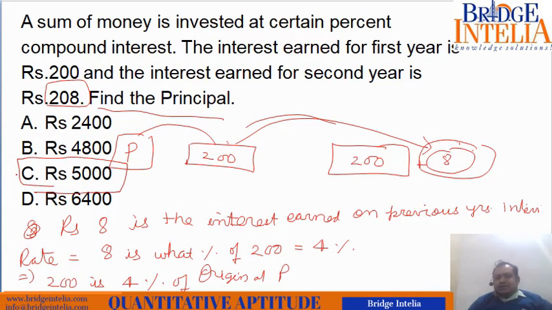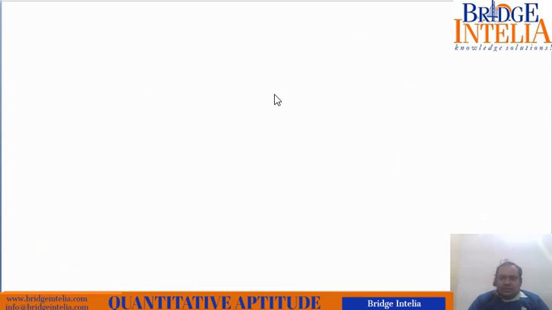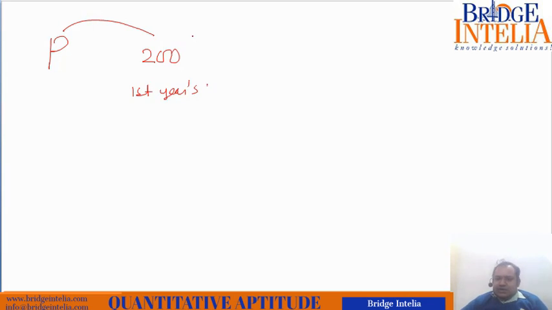Now I will tell you a shortcut. Please understand the shortcut to this. Suppose the original deposit is P. First year's interest is 200. Second year's interest is 208. So you understood that you are earning 8 rupees of interest when you have earned 200 last year.